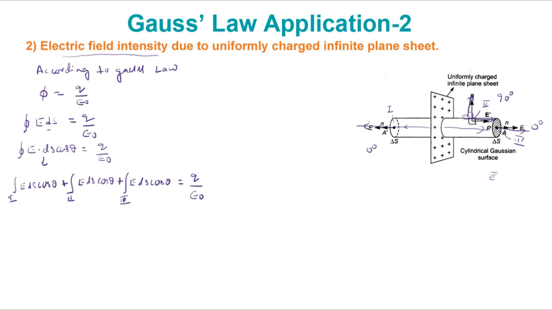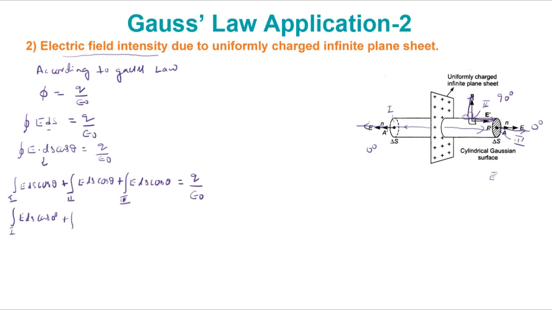Just substitute all the degrees in this equation, and you will get some simplification. I will write it now. That is the integration of E into ds cos, the first one, what is the angle? Cos 0 degree.